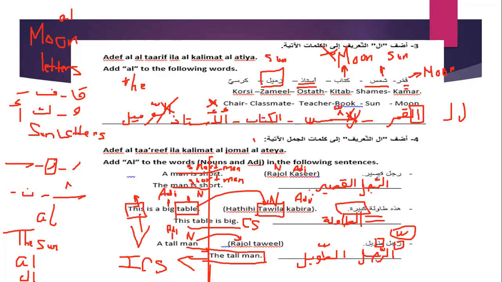So no longer do we read it al-rajul. We read it ar-rajul. Ar-rajul what? Let's see. Here we have qa. Qa is a moon letter, so we don't put Shadda. So ar-rajul al-qasir. Why didn't we say ar-rajul ul-qasir here? Here I don't pronounce the al at all if I added it.